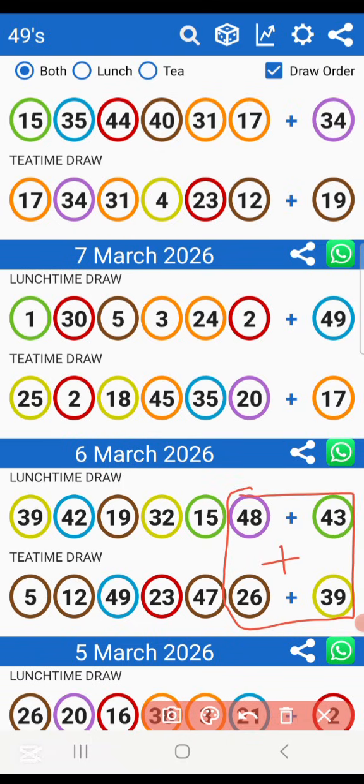You add those together: 48 plus 43 plus 26 plus 39 gives you 156. So 156 multiplied by 4 should give us a total of 624.